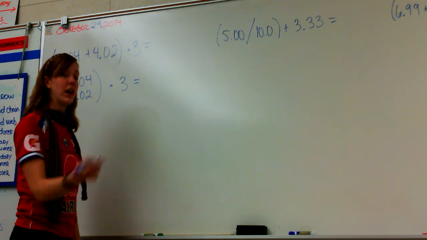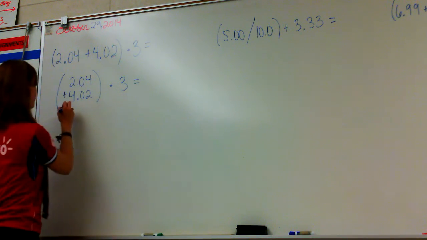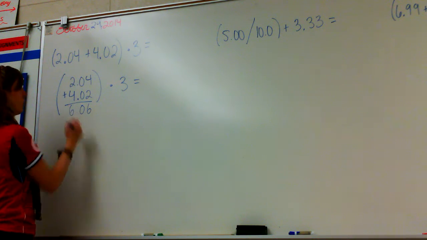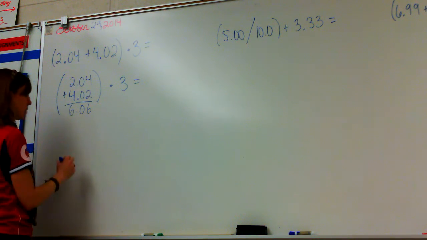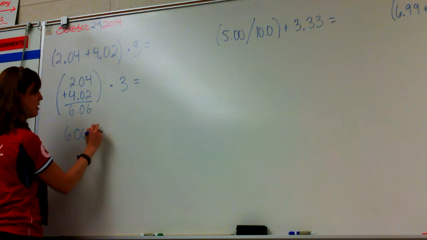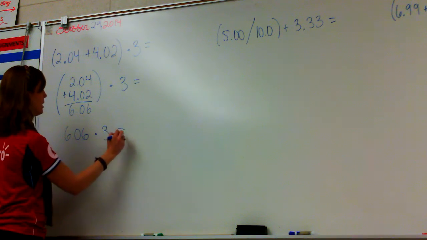Now I know that I can add these up. And what would I get? I would get 6.06. So on the next line, I'm going to write 6.06 times 3 equals.